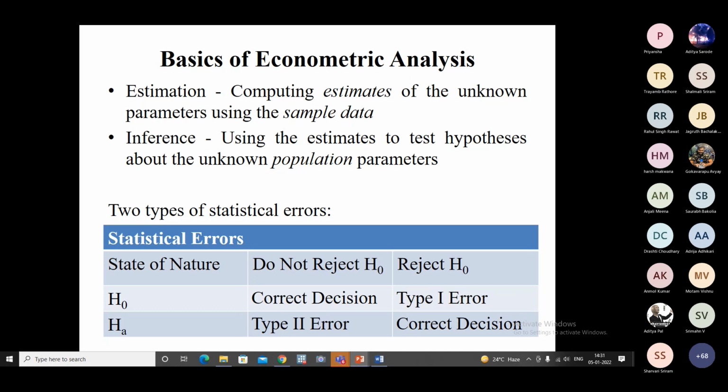So if it lies in between 5% and 10%, that region, then conclusion would differ depending on whether I am selecting 5% significance level or 10% significance level.